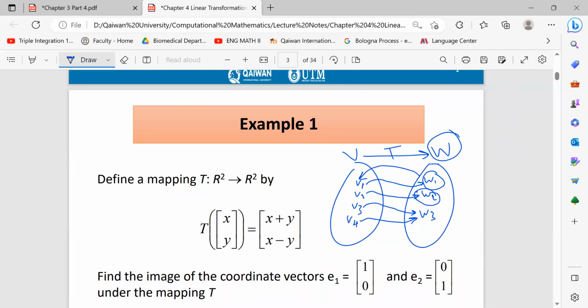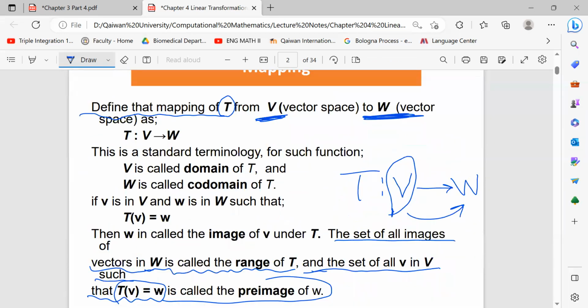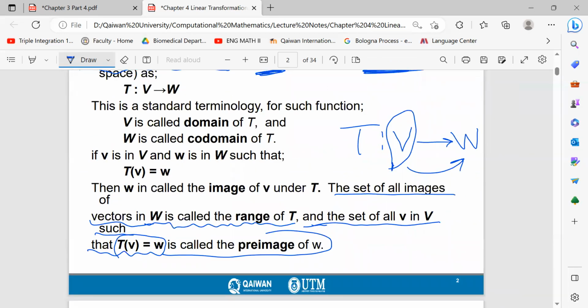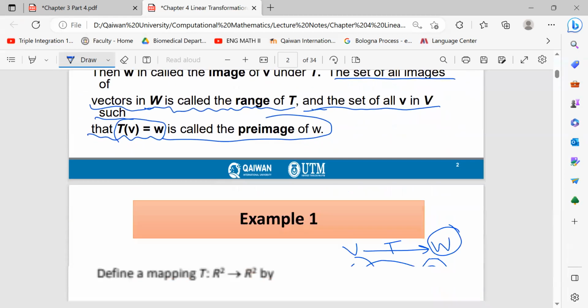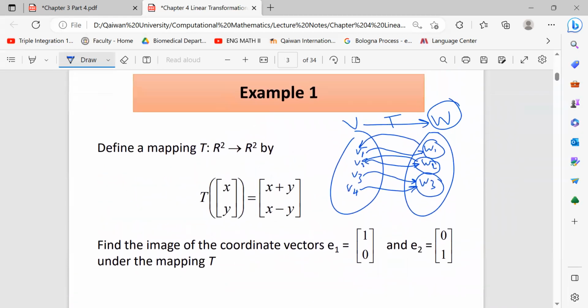The pre-image of W2 is V2. The pre-image of W3 is what? It is V3 and V4. Okay? It's V3 and V4. These are the concepts: you have domain, codomain, range, and pre-image. You have these 4 concepts here.